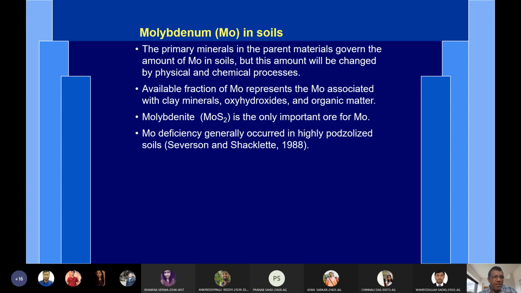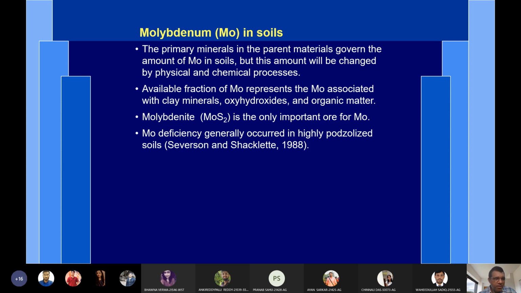Now the primary minerals, molybdenum in soils. The primary mineral in the parent materials governs the amount of molybdenum in soil, but this amount will change by physical and chemical processes. Available fraction of molybdenum represents the molybdenum associated with clay minerals.